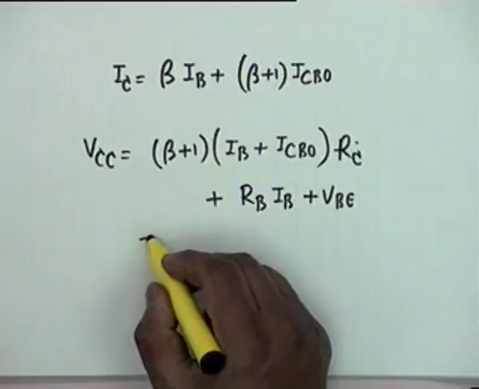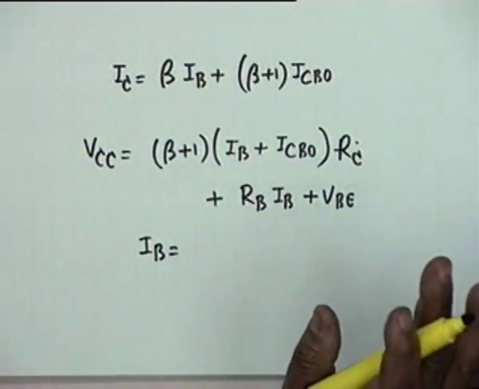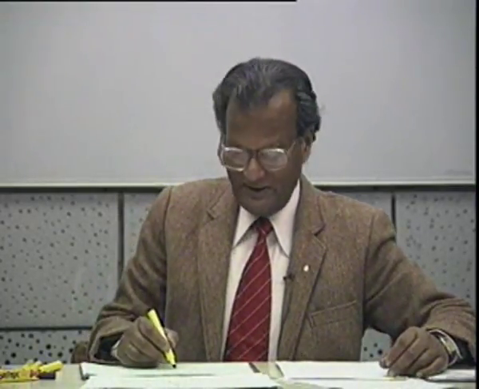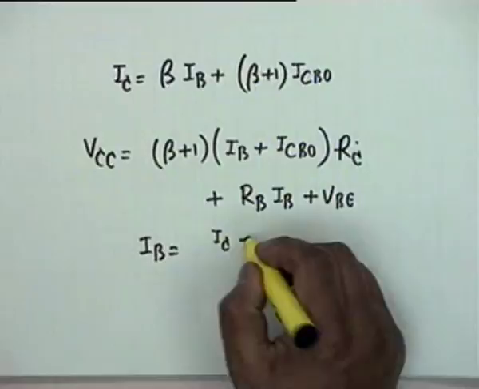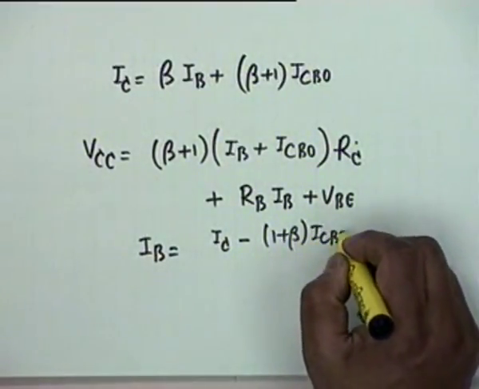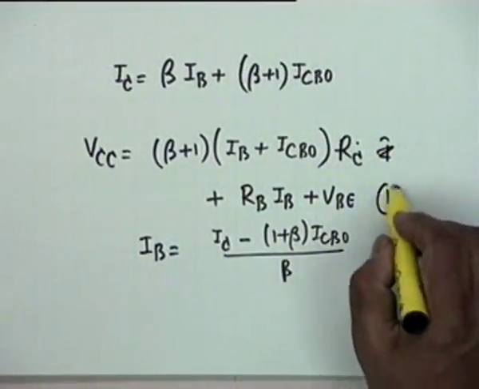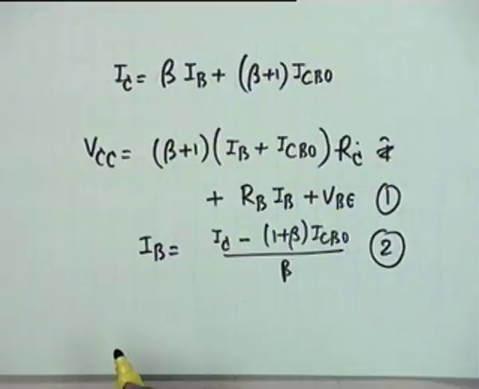And in addition, you know IB is equal to, after all you are trying to find an expression for IC, right? IB is equal to I sub C minus 1 plus beta ICBO divided by beta. Combine 1 and 2 to get an expression for I sub C.